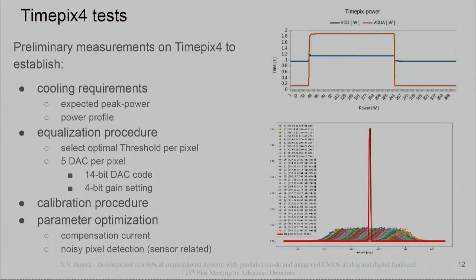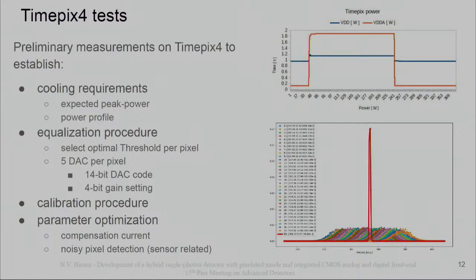This square shape, the high level, is the real data taking. We have 3 watts, so 2 plus 1 watt, dissipated over the 7 square centimeters of the ASIC, and we need to design a proper cooling apparatus to cool down the detector.